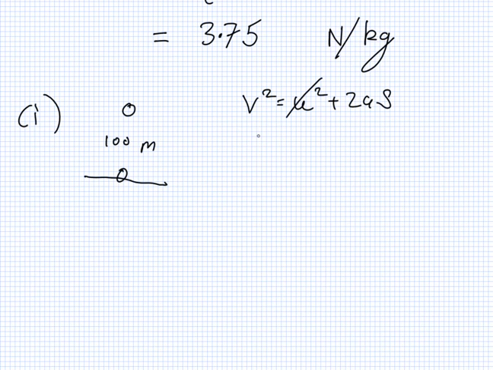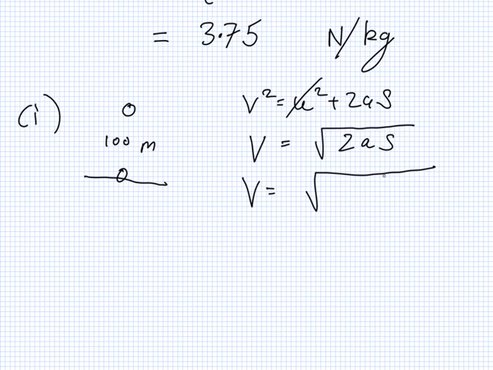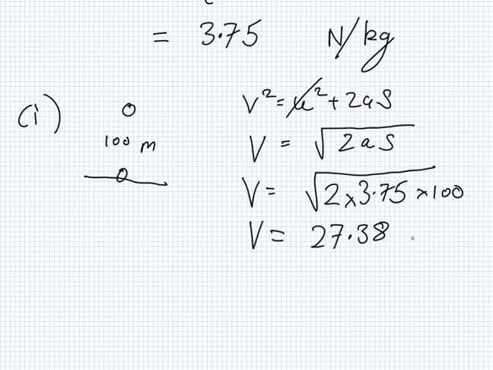The u is 0, so I get v equals square root 2as. So v equals square root 2 multiply 3.75 multiply 100. So what's that, please? 27.38 meters per second.